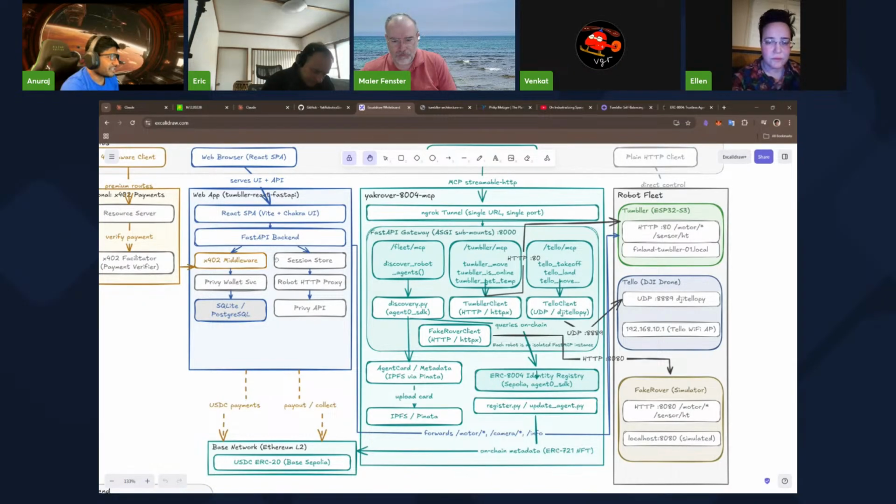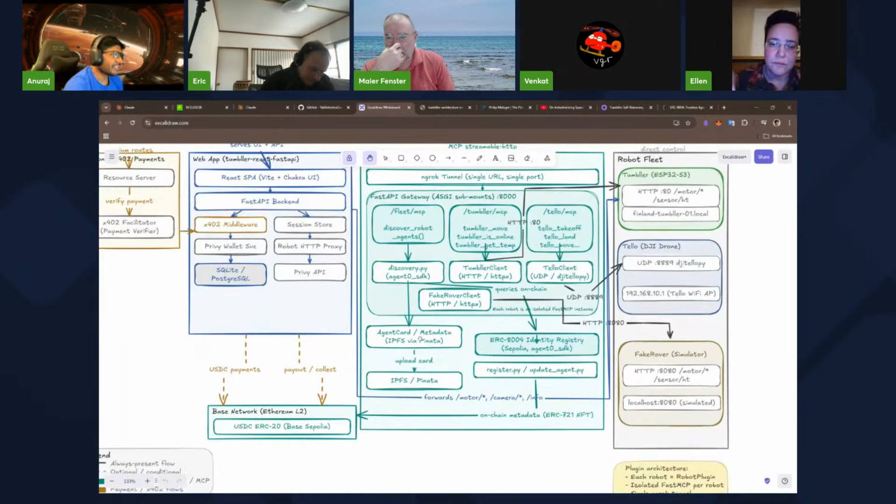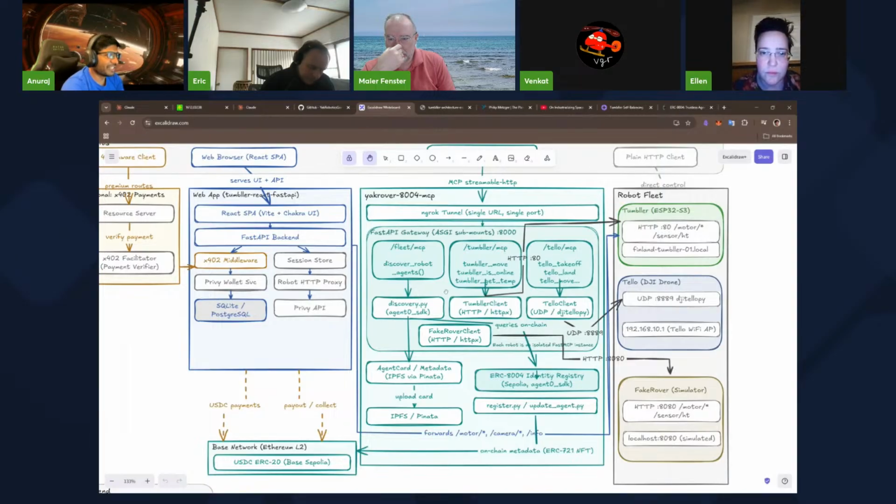This blue part and green part is what we need to combine. It's not there yet, because these are two separate things now. But this blue plus green part is what we would ideally want to be running on yakrover.com. I think this doesn't have the details.